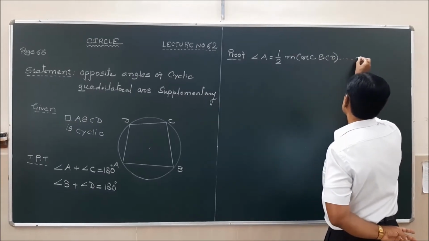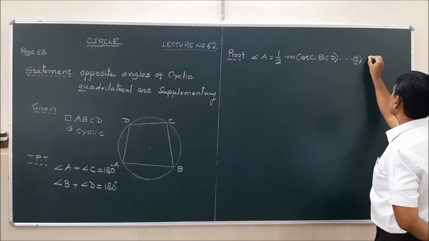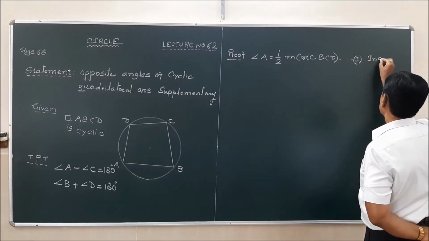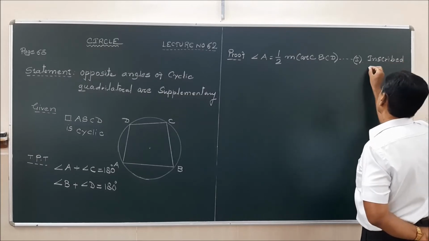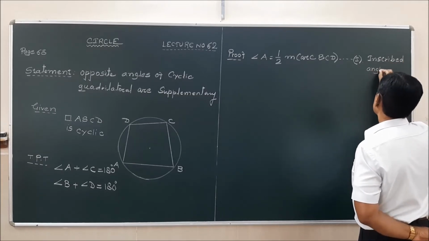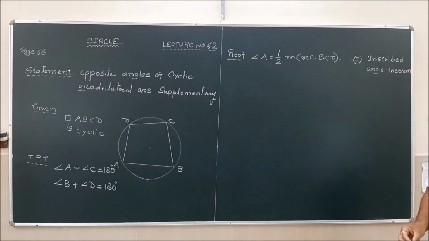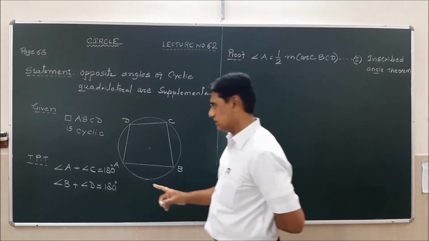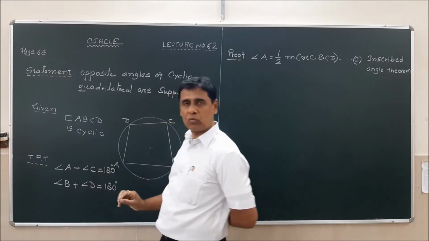If I label this as 1, this is called the inscribed angle theorem. I am going to write the reason also over here: inscribed angle theorem. Right? Now we have to get angle C, because the first result is A plus C is equal to 180.